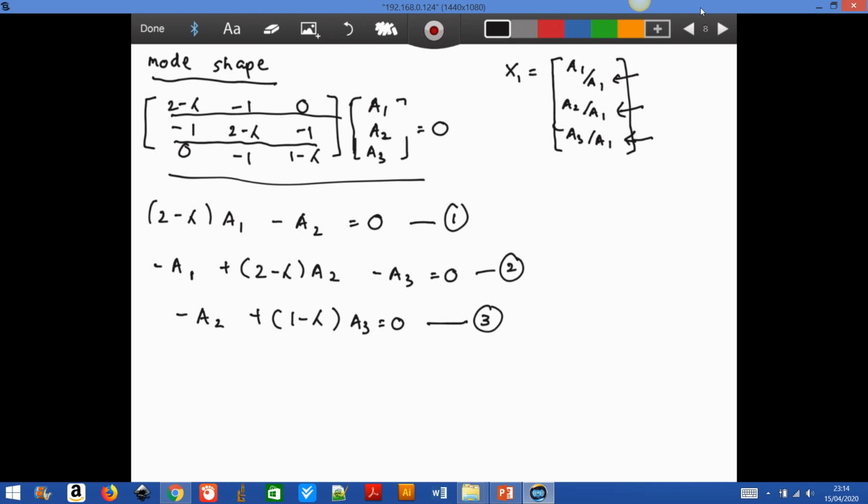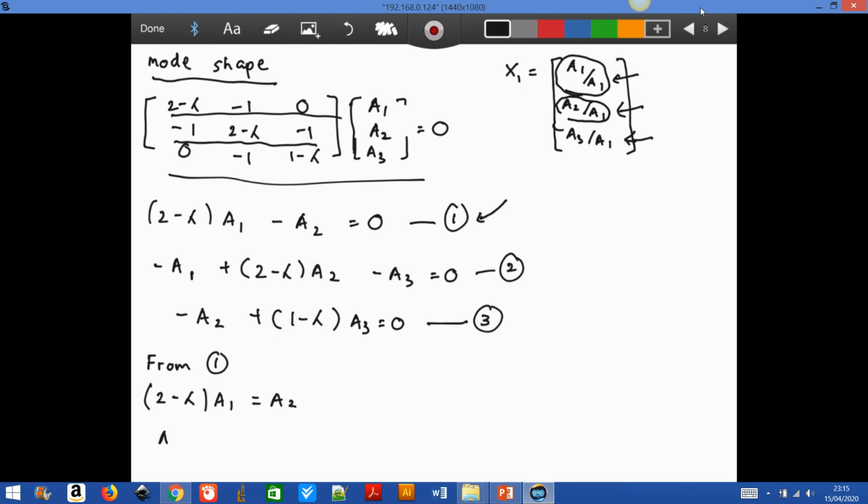So for us to find the ratio, for a1 over a1, we don't need to find the ratio because we know that it will become 1 straight away. For a2 over a1, we can use the first equation, so from the first equation, you know that 2 minus lambda a1 is equals to a2.